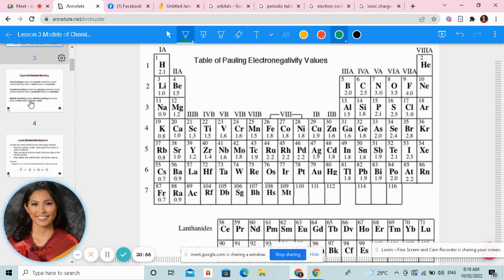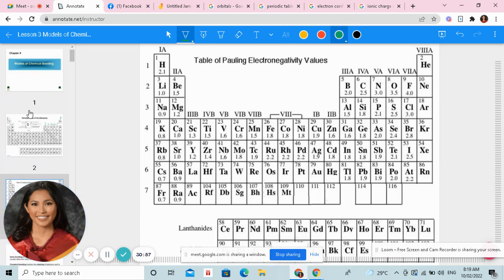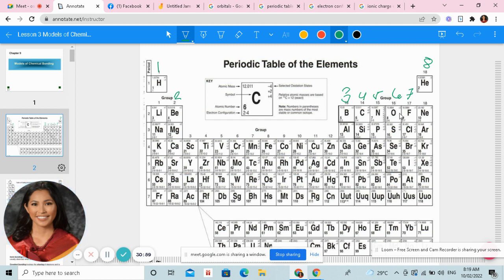Okay, valence electrons. Now, that is for main group. For transition metals, you include the electrons in the S orbital and the electrons in the D orbitals.